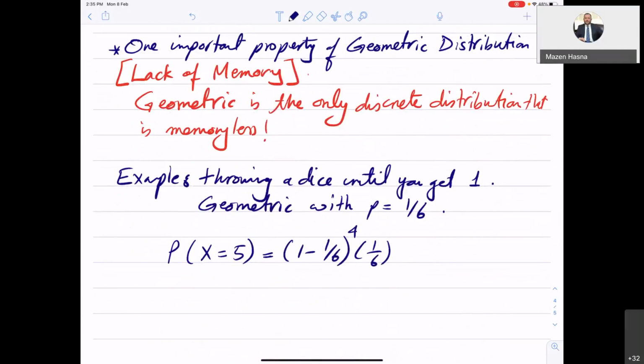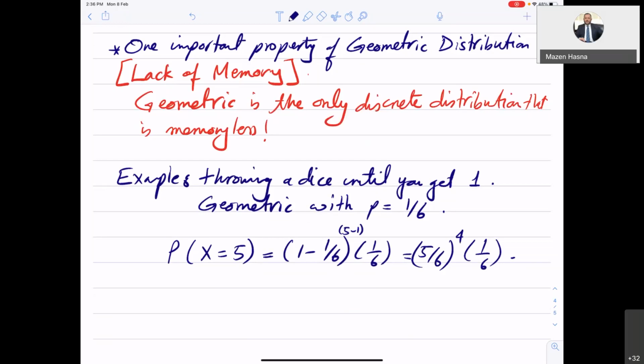So again, this is (5/6) to the 4 times 1/6. So this is before you start. This is the probability that you will get the number 1 in the 5th try.